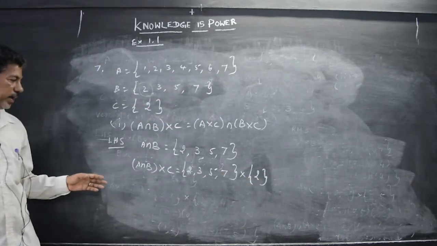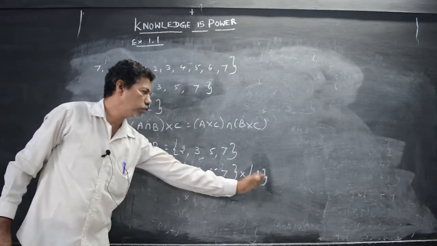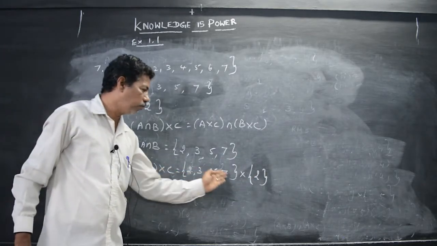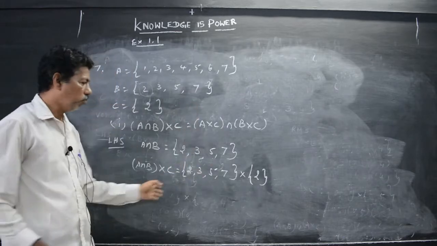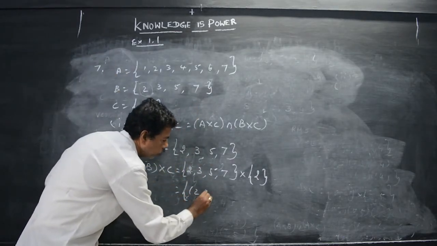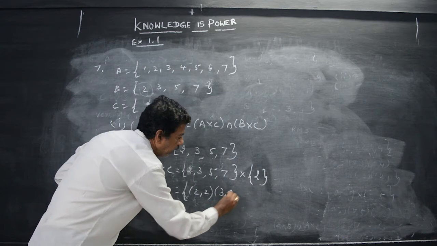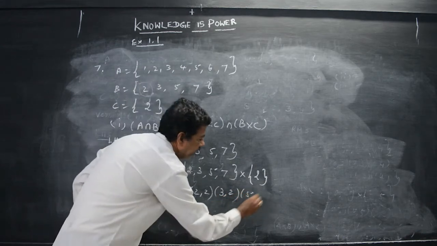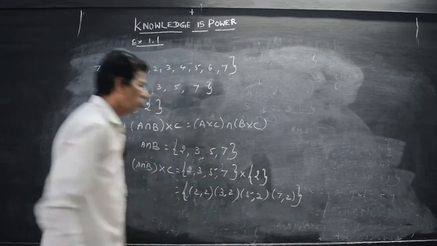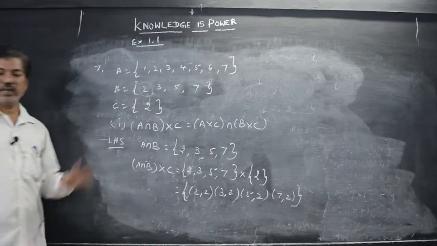As usual, cross product these terms with 2. Only one number is there. 1, 2, 3, 4: 4 into 1, so only 4 pairs will be there. What are the pairs? (2,2), (3,2), (5,2), (7,2). So this is the answer for the left hand side.